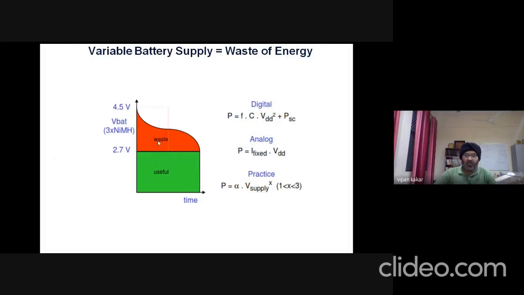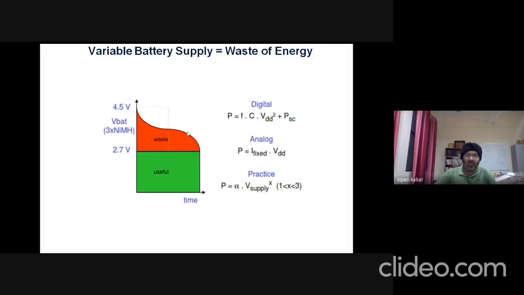So a variable battery supply is kind of a waste of energy. At 2.7 volts, if we have about 4.5 volts of batteries, and we want to just use 2.7 volts, then from 2.7 volts to 4.5 volts the battery is there, but we are not using it. So it's a kind of waste.